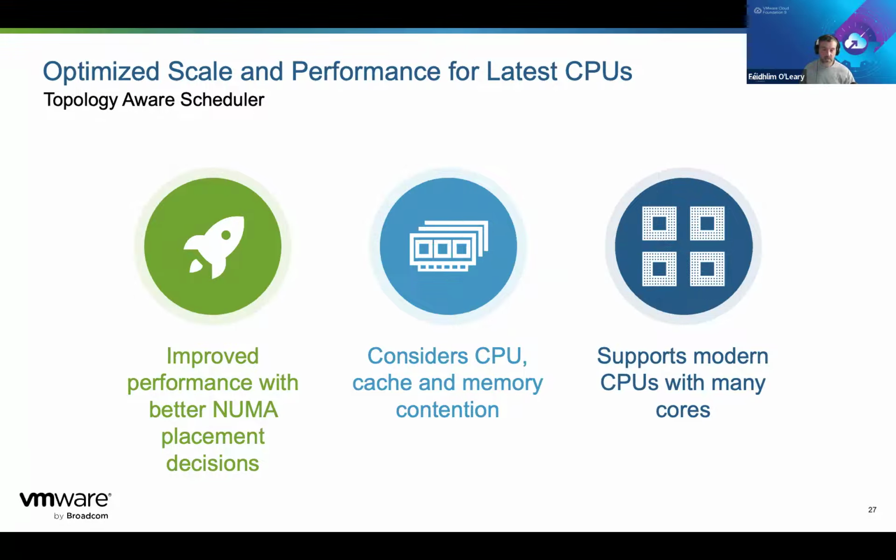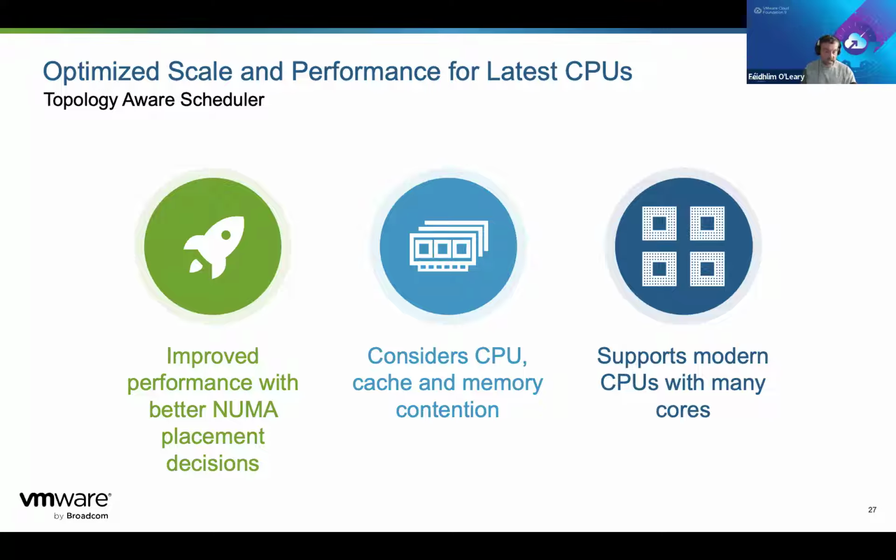And as CPUs get larger, get more density, get higher density cores, multi-socket, we needed to evolve and make our scheduler topology aware and be able to be optimized for these new CPU technologies. So with the topology aware scheduler, we have improved CPU and memory, what we call goodness model.